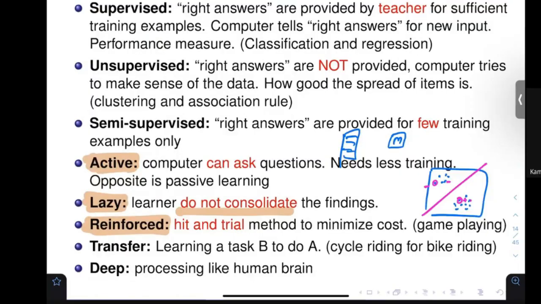Another interesting learning approach is transfer learning. For example, if you want to run something on your Apple Watch, the Apple Watch may not have a lot of computation capacity to develop anything on its own hardware.